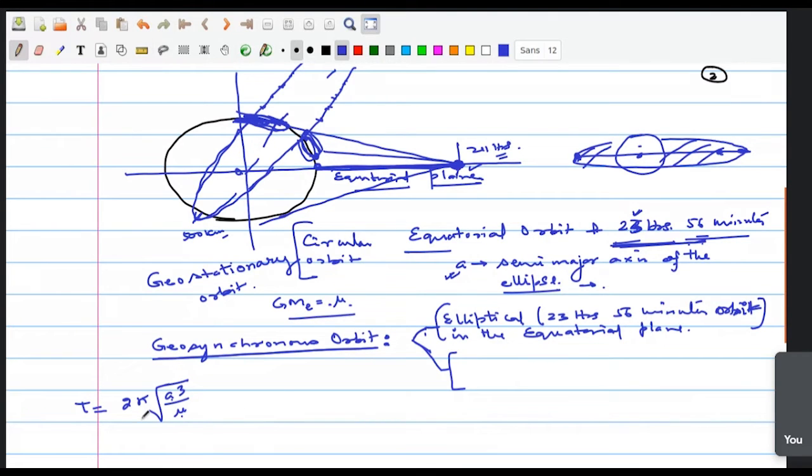So here in this case, you have the same period according to this rule. So A is nothing but equal to r geostationary, the radius of the orbit, which is circular in this case for the geostationary orbit. A will be equal to that. So what is the difference?